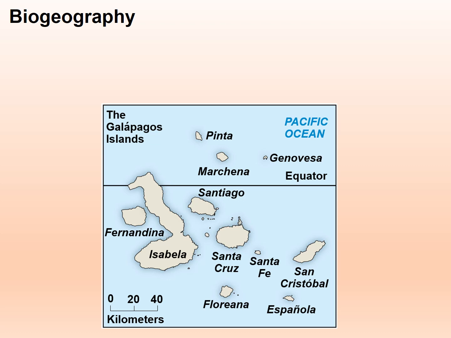We'll talk about speciation later, but they're no longer mating with one another if they move to a different island and do not migrate. So biogeography can help us document evolution, really the rise and fall of species.